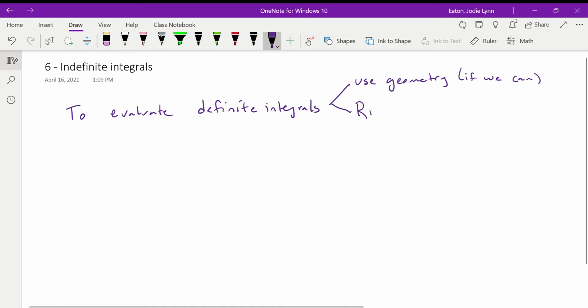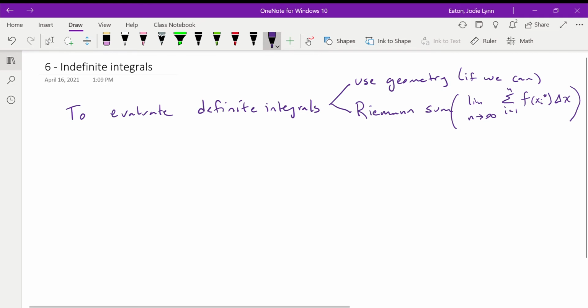Or we can set up a Riemann sum, which is our limit as n approaches infinity, sum of i equals 1 to n of f of xi star delta x. Okay, so geometry, we can only use it in certain circumstances.